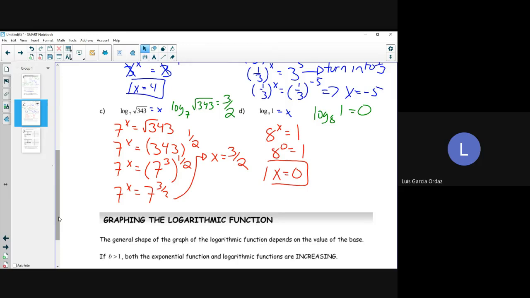All right, so as you can see, this isn't too bad. I think you guys should have a pretty easy unit 7.